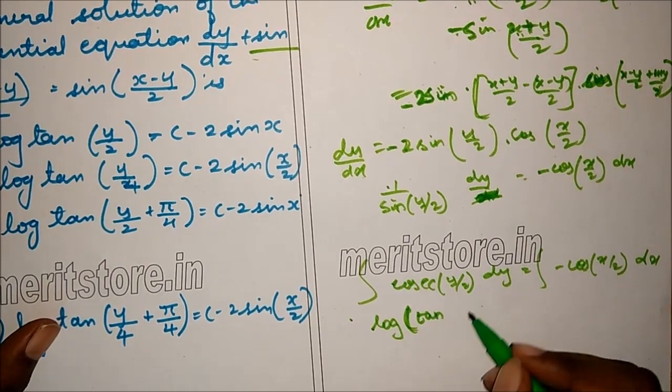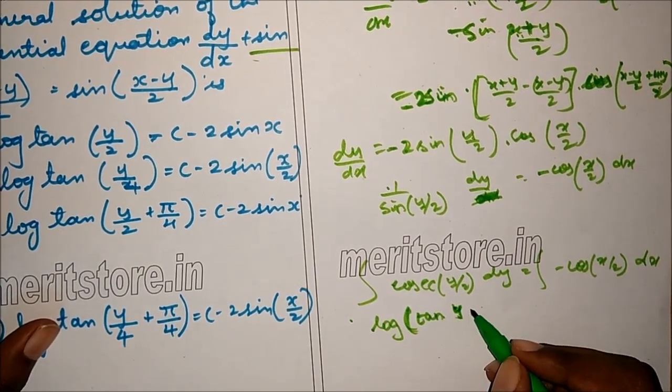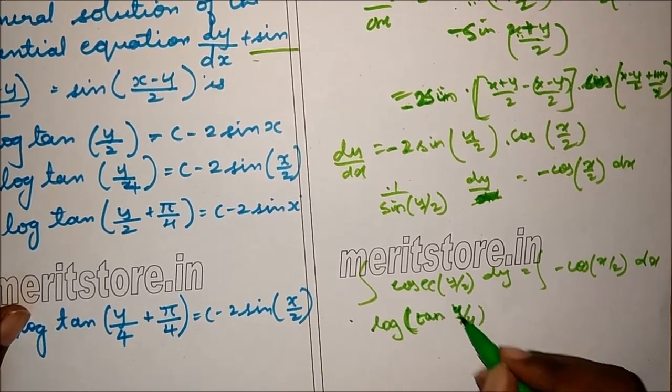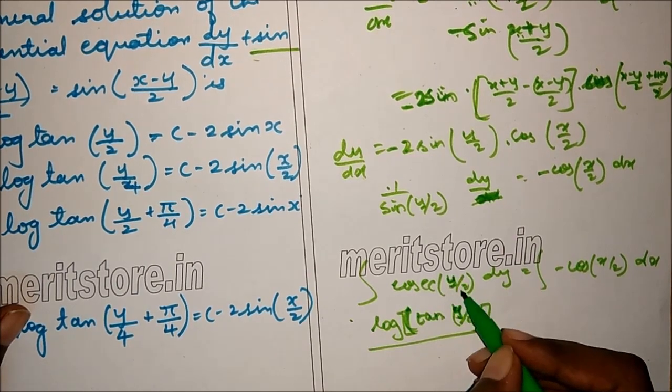So this will be log of tan of half angle, that is, log of tan of y by 4, divided by y by 2.